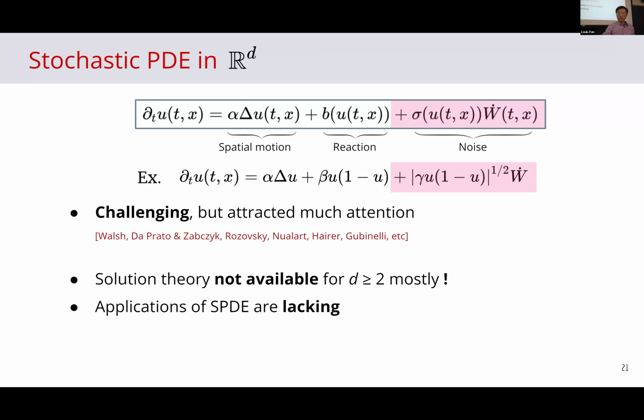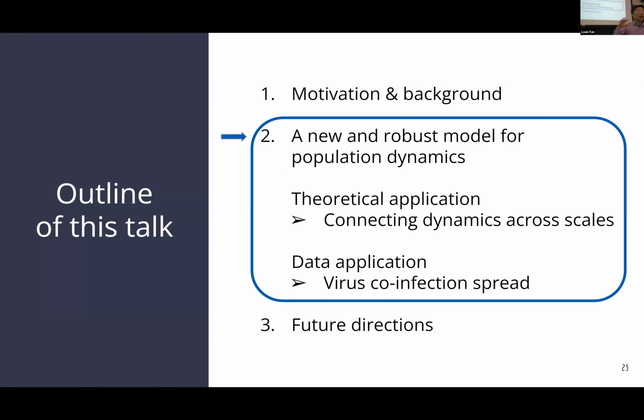So part of my work is to understand these stochastic equations that arise naturally. I'm going to talk about a new class of stochastic PDEs that come from explaining a class of population dynamics motivated from virus infection experiments, and then a theoretical application and a data application.